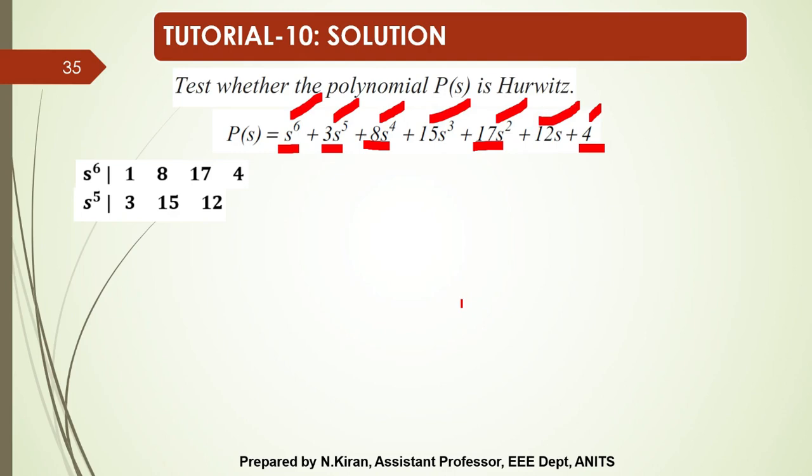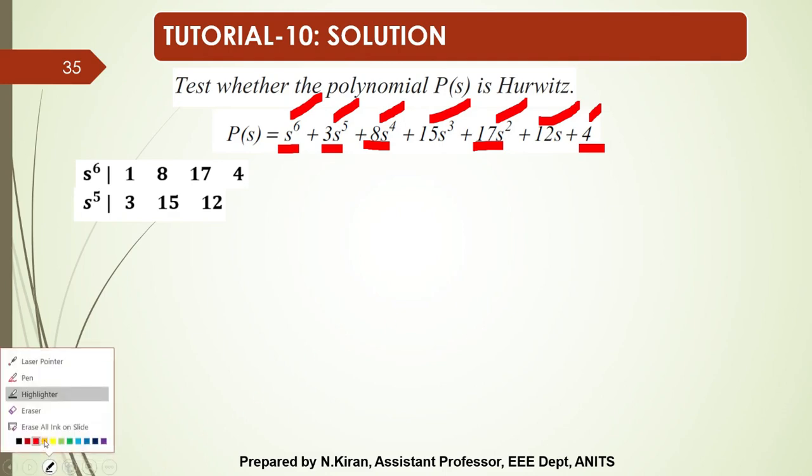So first we have to write the coefficients of both even as well as odd terms. If the highest order is odd, then first we have to write the coefficients of odd terms and then the coefficients of even terms. That depends upon the given tutorial.